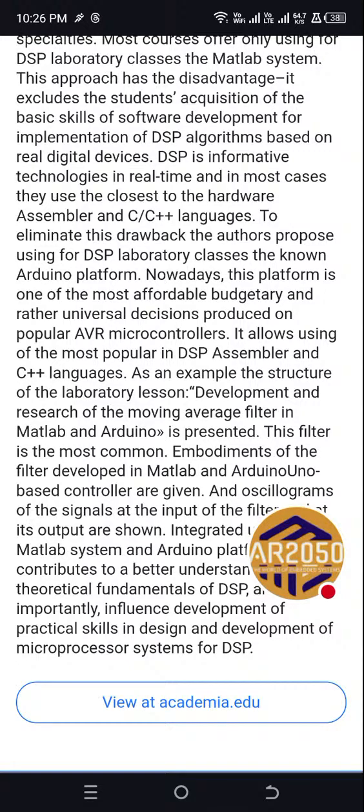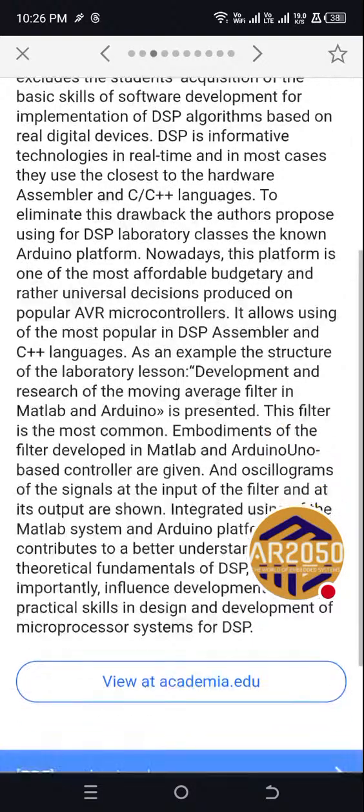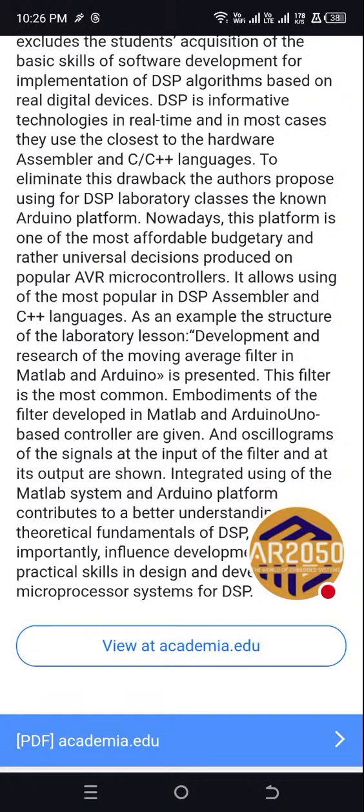Even the STM32 microcontrollers have built-in hardware which could do some PID related tasks very fast. Because the DSP algorithms are computationally expensive, they need a lot of computing power. Anyways, it allows using most of the popular DSP assembler and C++ language.